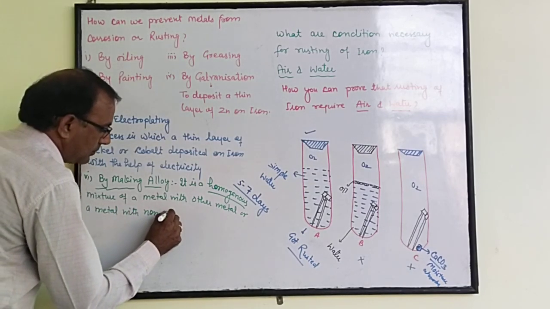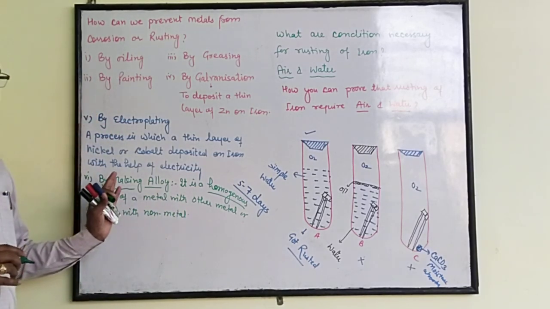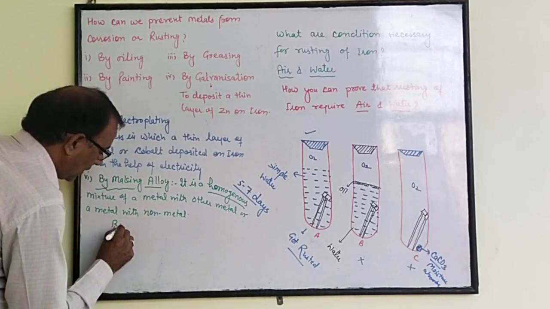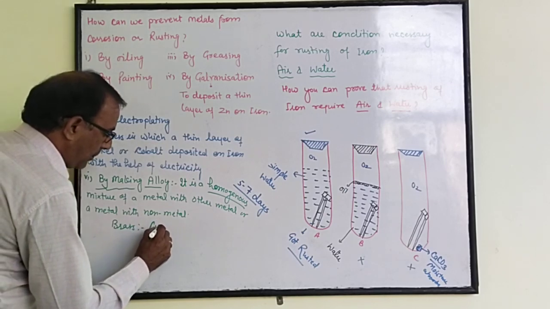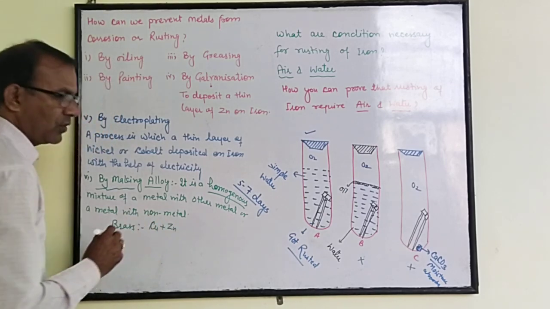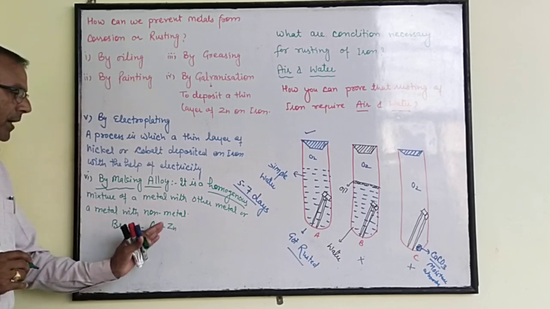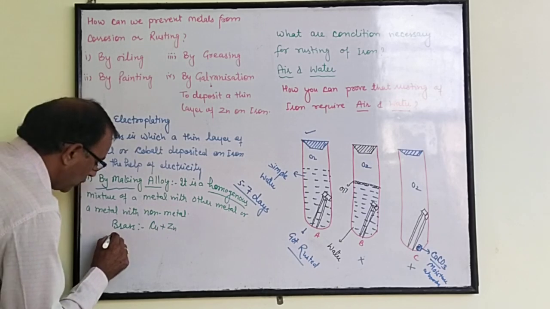That homogeneous mixture is known as alloy. For example, brass. Brass is an alloy of copper plus zinc. Copper and zinc, both metals, when made into a homogeneous mixture, change into brass. Bronze.